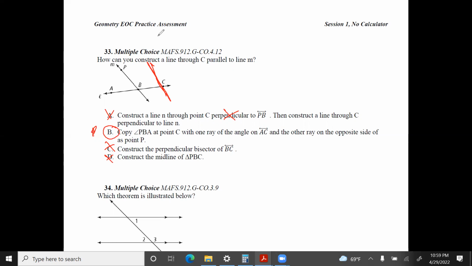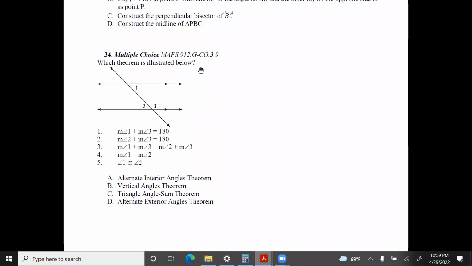And finally, 34. Which theorem is illustrated below? So angle 1 and angle 3 are supplementary. Angle 2 and angle 3 are supplementary. Angle 1 plus angle 3 equals angle 2 plus angle 3. So they're equal.